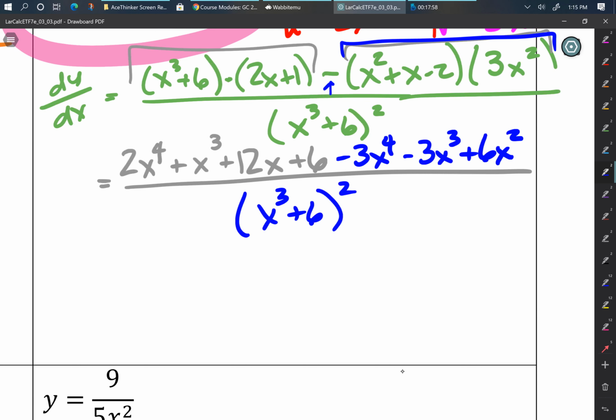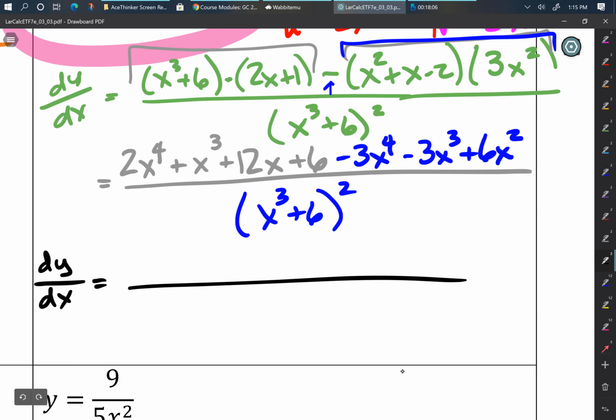Now I need to clean up that numerator. Okay? So my derivative, dy/dx, is going to be, highest power I'm seeing across that numerator is a 4th degree, so 2x to the 4th, and there's only one. There's two terms. So I have 2x to the 4th, and I have negative 3x to the 4th, so that's going to be a negative x to the 4th. And then I got x cubes.